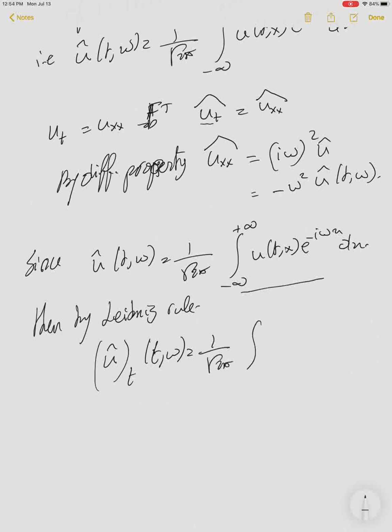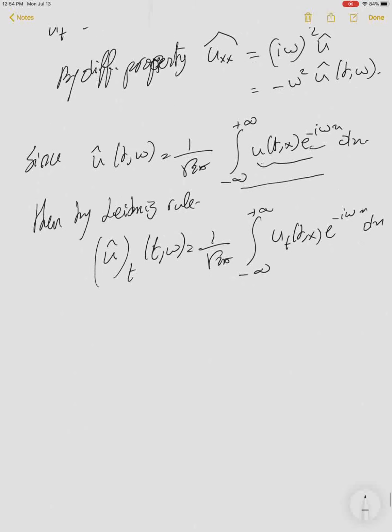You get 1 over square root of 2 pi integral from minus infinity to plus infinity of the derivative of the integrand with respect to t, which is u_t at t,x. Here I don't have t in the exponential, so it's like a constant, e to the minus i omega x dx. But this is nothing but the Fourier transform of this function. So this is u_t hat at t omega, the Fourier transform of u_t.